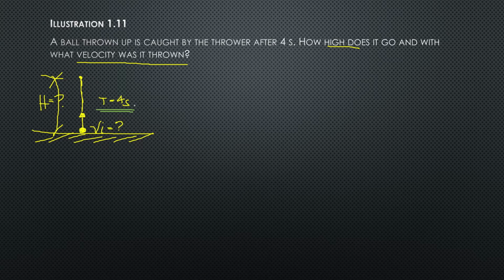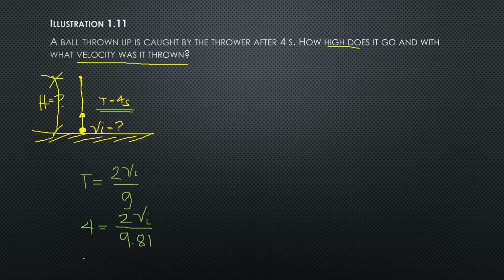Total time of interval is 4 seconds. So we have a formula of time. Total time taken is equivalent to twice the initial velocity all over acceleration due to gravity. So based on this formula, you can have time as 4, and this is twice the initial velocity, and acceleration due to gravity is 9.81.